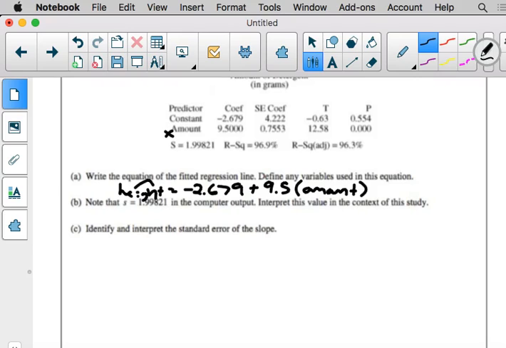So now part B. Note that S equals 1.99821 in the computer output. Interpret this value in the context of the study. All right, so that S is the standard error or standard deviation of the residuals.